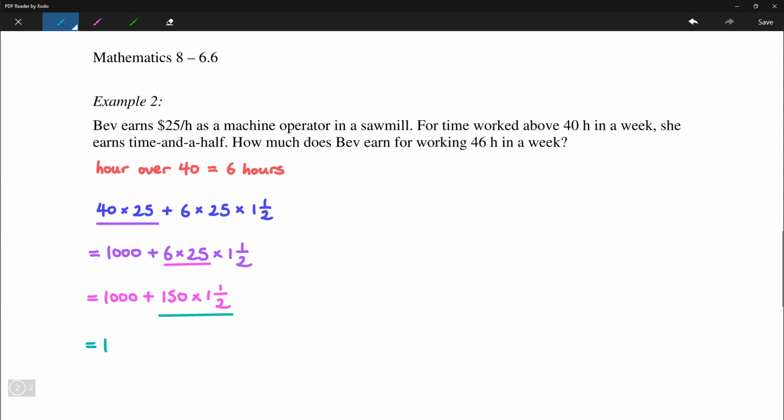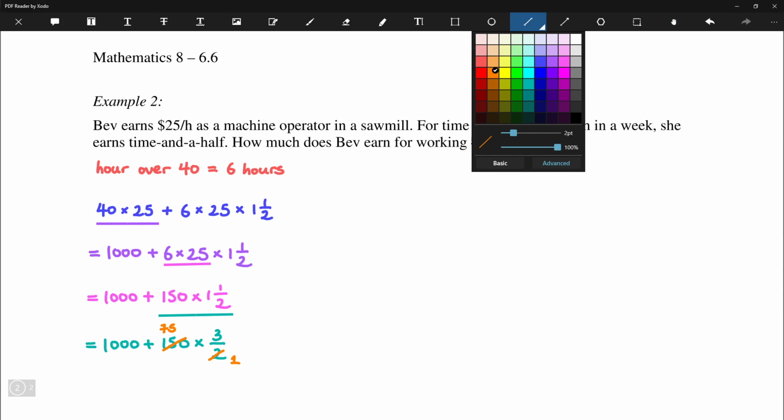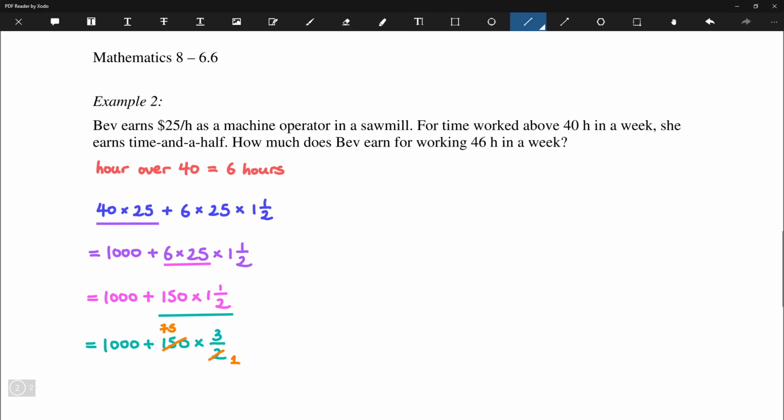Okay, gonna go ahead and rewrite 1.5 as an improper fraction. So that will be 3/2. Actually, in this case, we can simplify a little bit. We have 150 and 2, so that can be simplified to 75 and 1. We're just simplifying here.